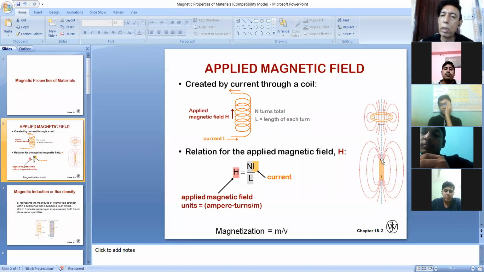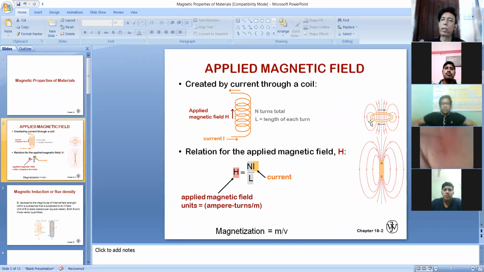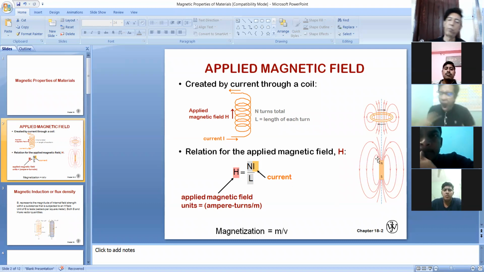The direction of the lines of forces is from the North Pole to the South Pole. So if the magnet is like this, then the lines of forces will be like this. And if it is a bar magnet, then the lines of forces will be like this.